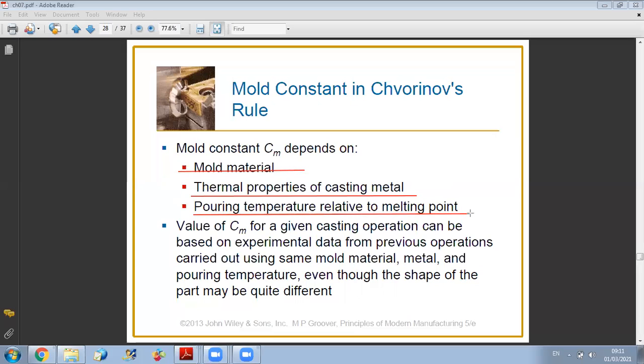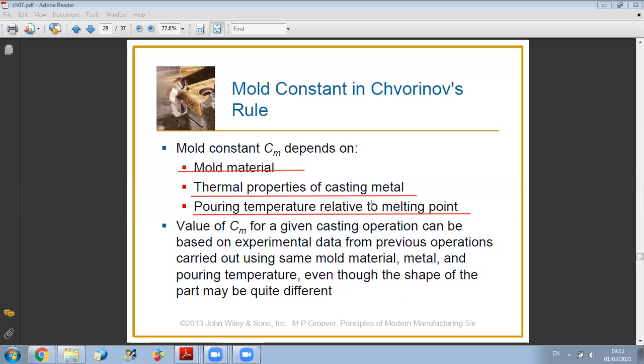So it's due to several factors concerning the mold characteristics, also the properties of the casting metal, because we have here heat transfer between the mold and the casting metal, and it's also related to the pouring temperature relative to the melting point of the metal to be cast.